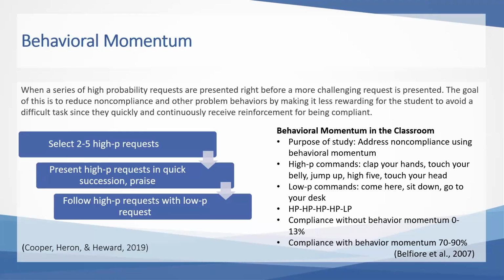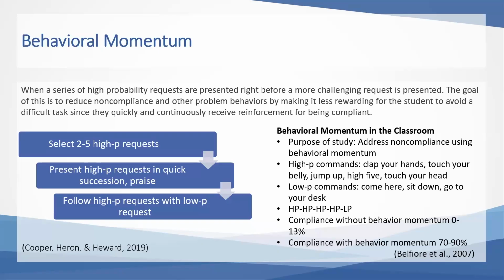Behavioral momentum is when we give a series of easy, high probability requests right before presenting a more challenging request. The goal is to build momentum with success so the student is more likely to comply with the harder task. A helpful way to think about this is like physical momentum. When something's already in motion, it tends to keep moving.